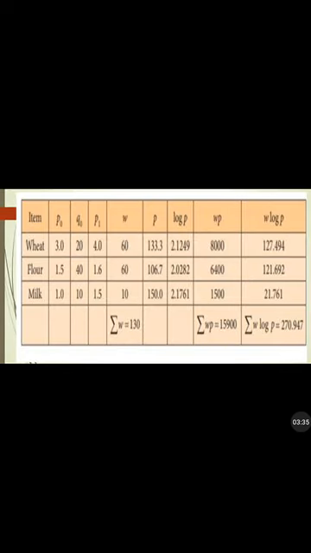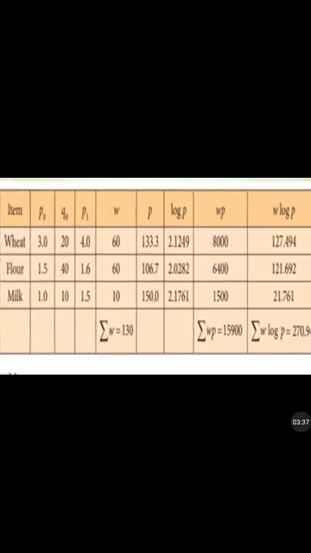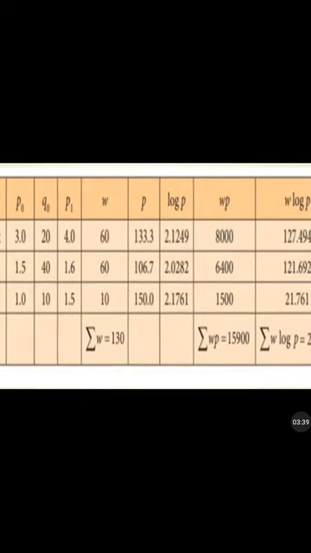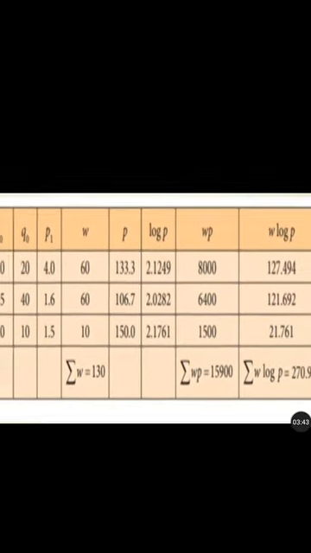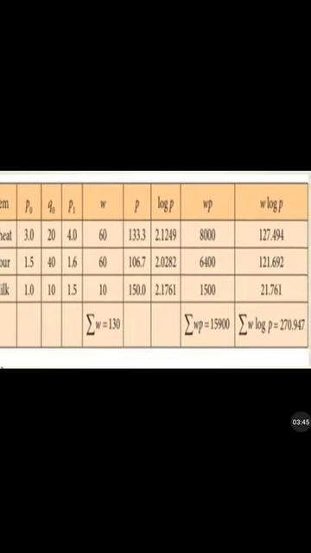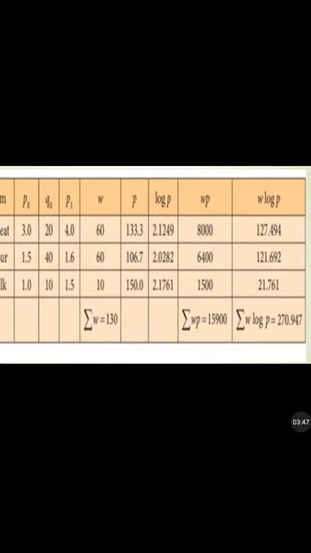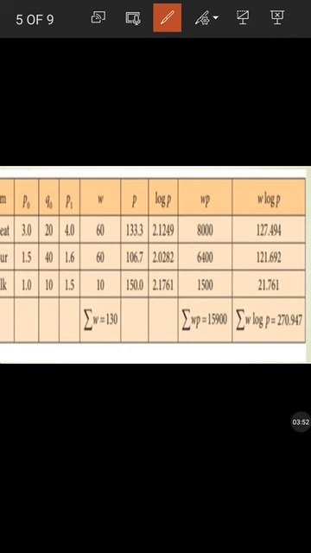Let us see the calculation part. Here I have taken P0, Q0 and P1, which were given in the question itself. Is it visible for you? In the question, P0 was given, then Q0 and P1.